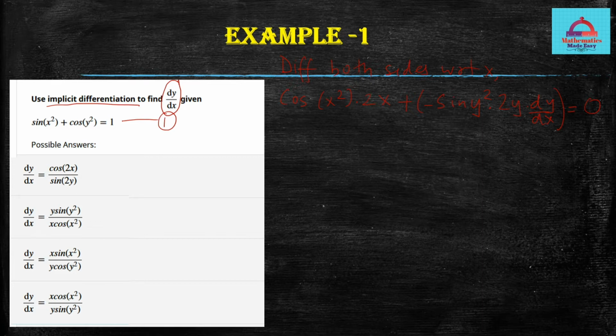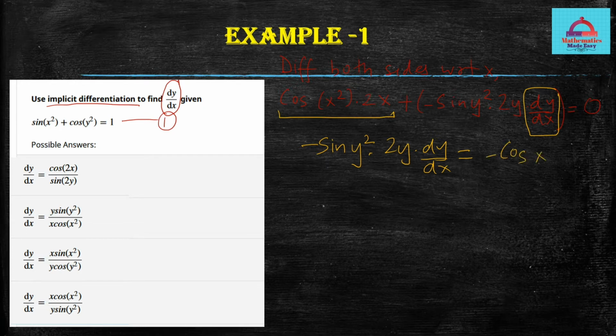So that was your step 1. Next we have to isolate the terms which involve dy by dx, so we will keep negative sine y square times 2y dy by dx on this side and take the other term on the other side. That would also give us negative cos x square times 2x. Now both sides you have negative, so you can cancel that out and both sides become positive. Let's now isolate dy by dx.